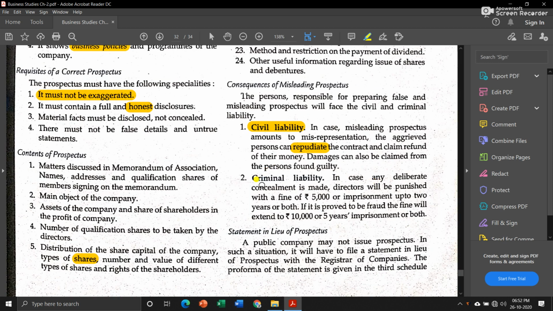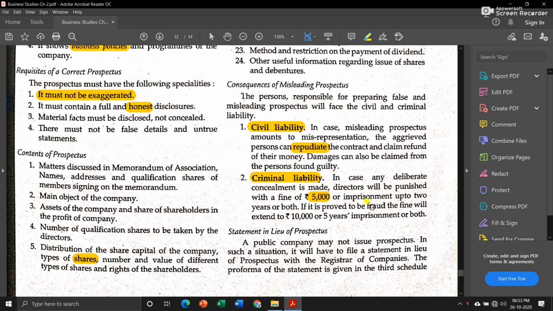Then next is criminal liability. In case of any deliberate concealment, means if intentionally anyone had concealed, means hidden something, then the directors will be punished with a fine of 5,000 or imprisonment up to 2 years, or both. Means either he will be charged with 5,000 of fine, or he will get 2 years of imprisonment, or both.